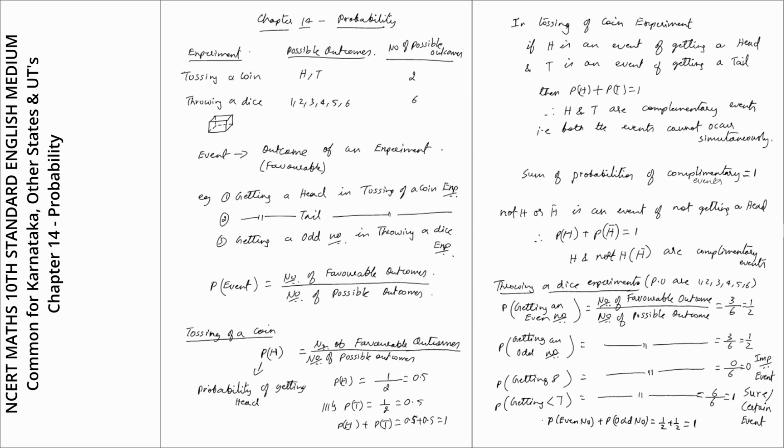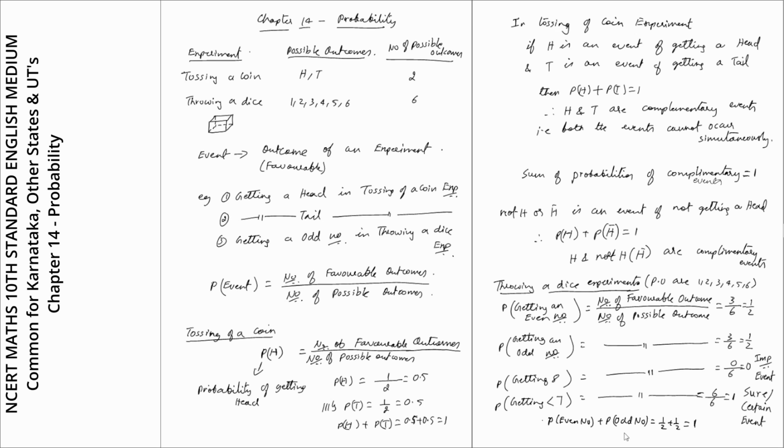In this dice throwing experiment, you can also observe that if we add the probability of getting an even number and the probability of getting an odd number, we get 1. That's why these two events are complementary events.